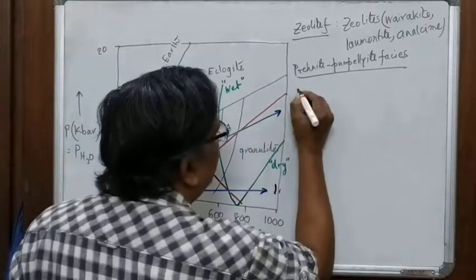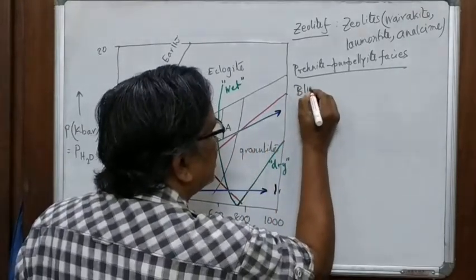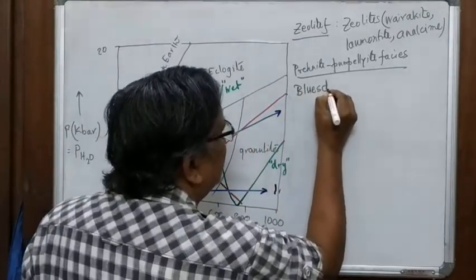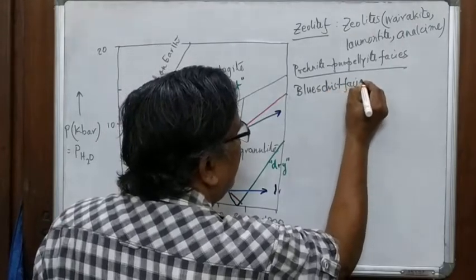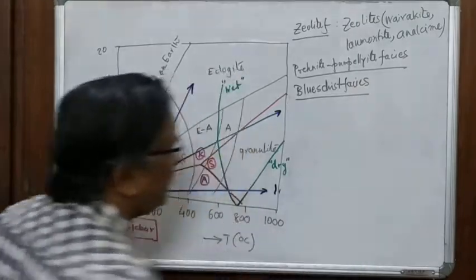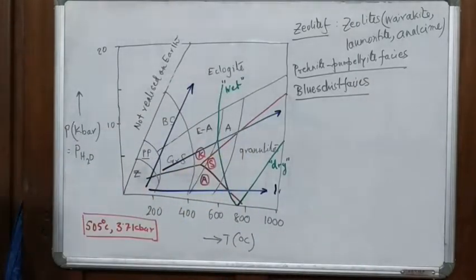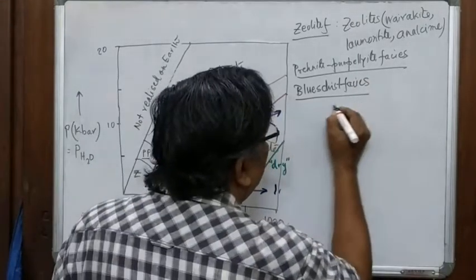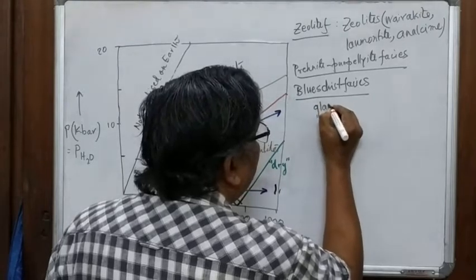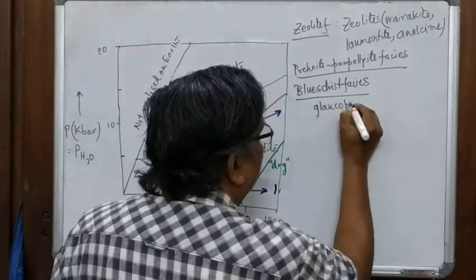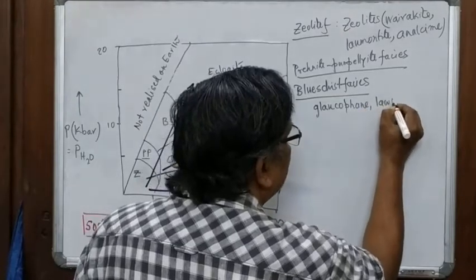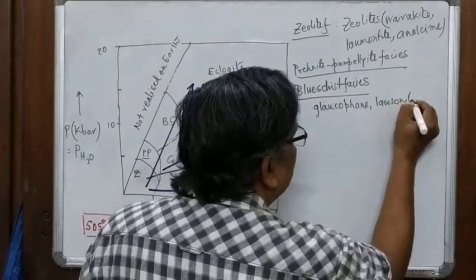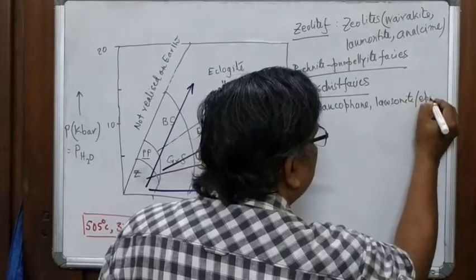Then we have the blueschist phases. And now we have the very famous mineral glaucophane, which gives it the blue color, lawsonite or epidote.